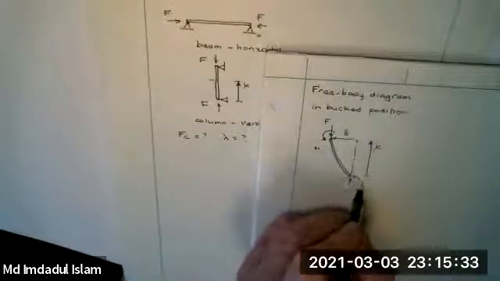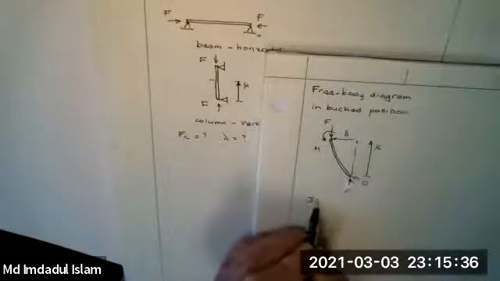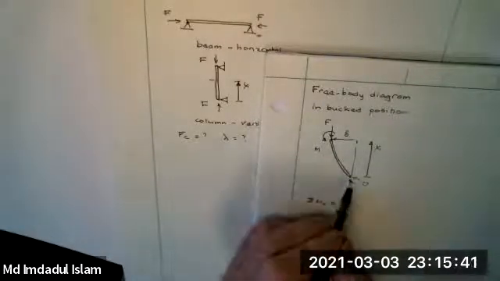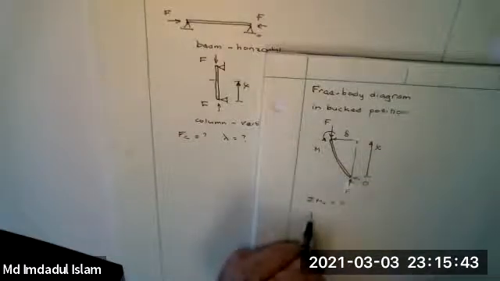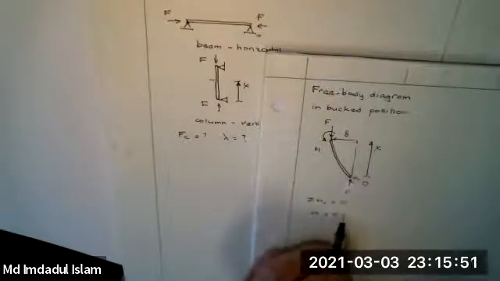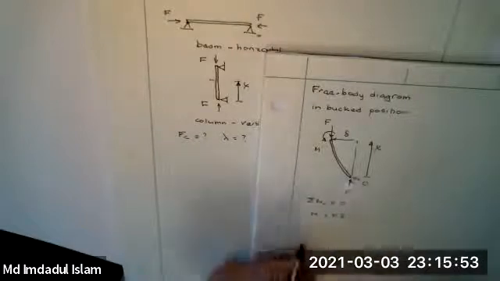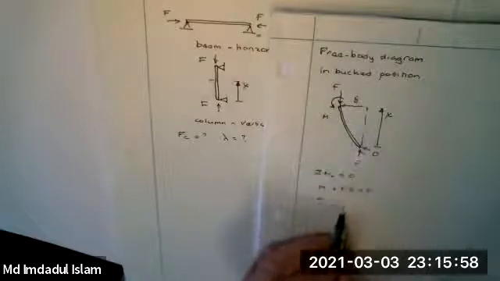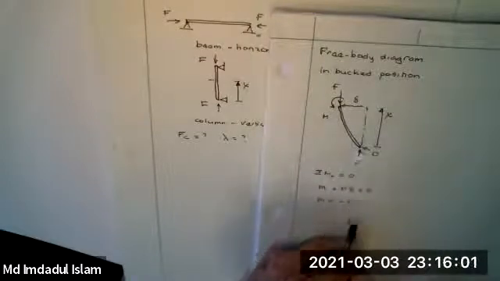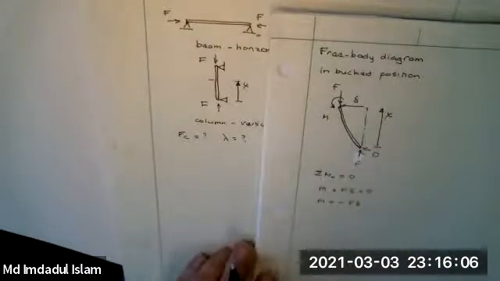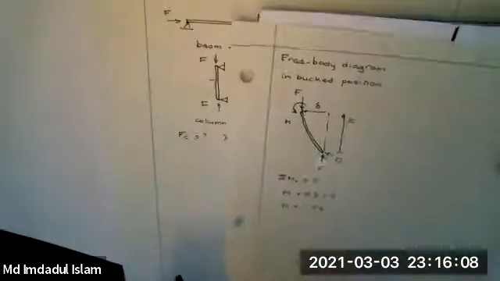Let me call this point 0. If I sum the moments about 0 and require that to be 0, then I'll have M, which is counterclockwise, plus F times delta, which is also counterclockwise, equals 0. If you like, then M is minus F delta. So that's doing the statics.